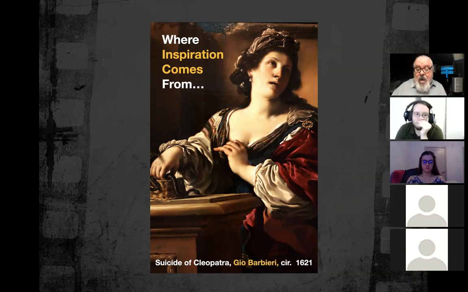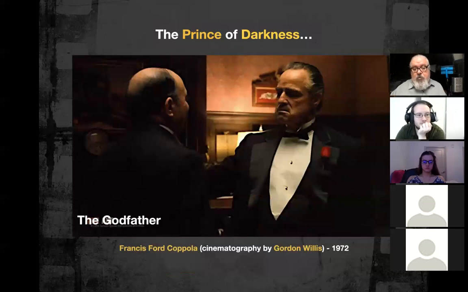If we think about that then, and we pick a scene from a modern storyline, we might think of something like The Godfather, which has very similar simplistic lighting approaches that are very effective. So we have these two men in this scene from The Godfather.